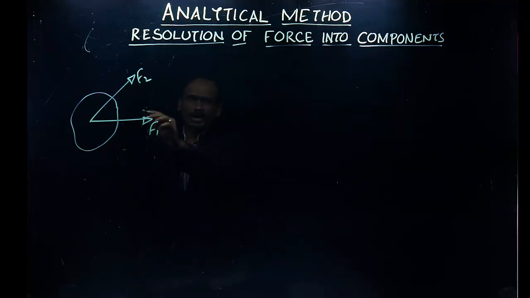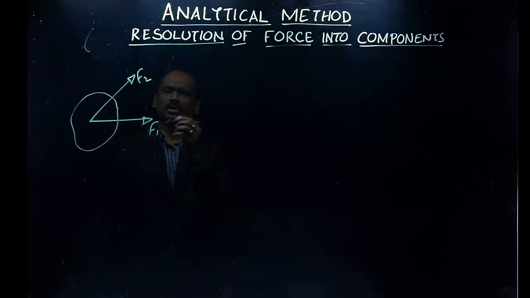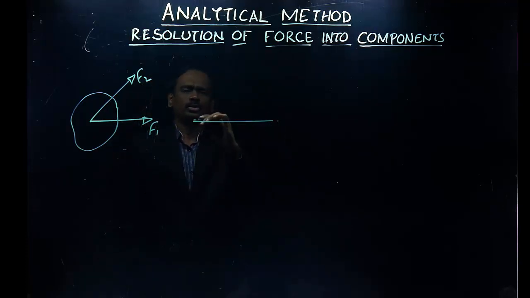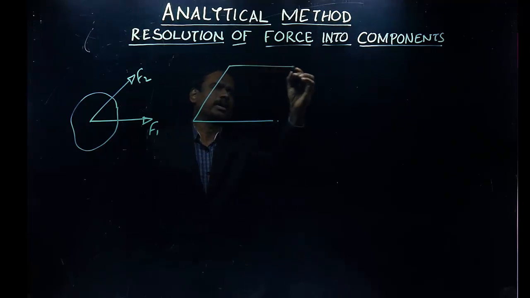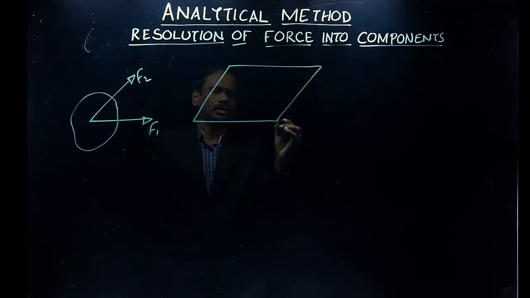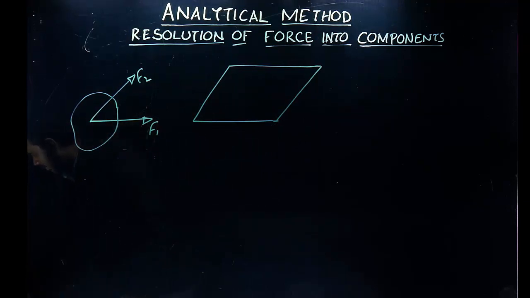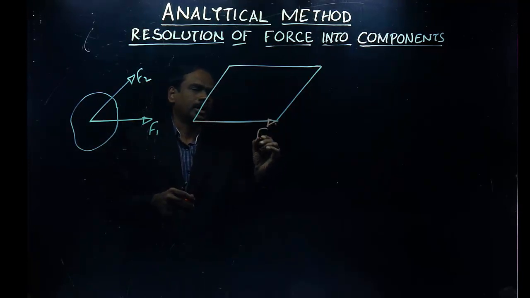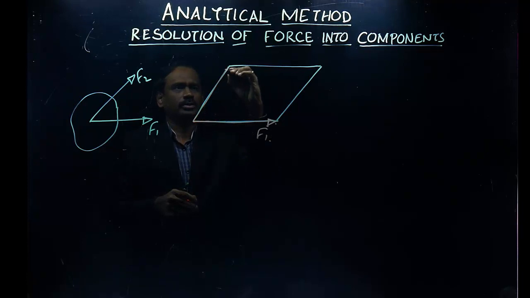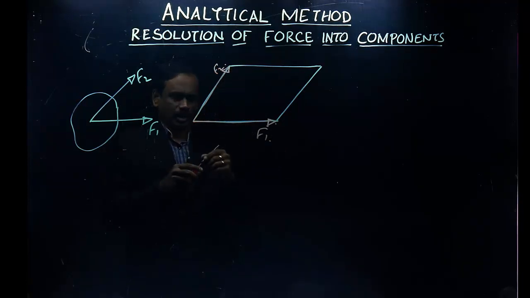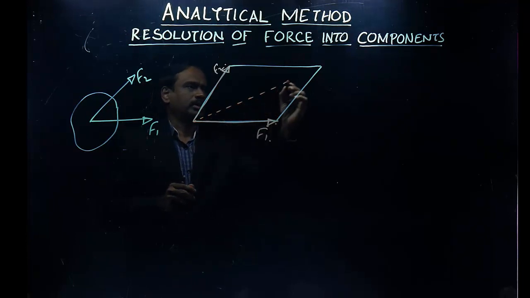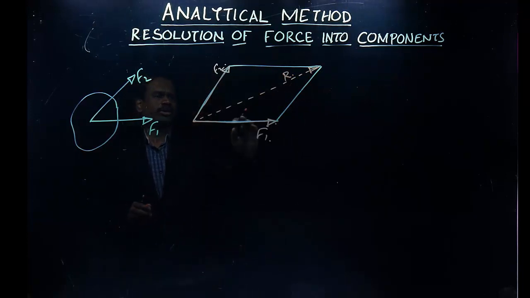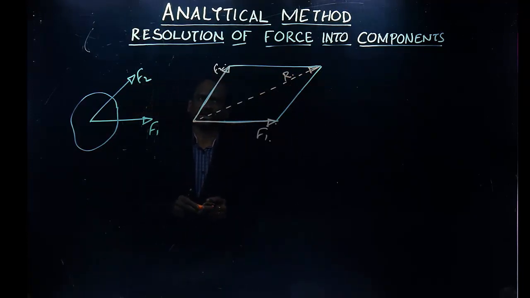Now in the parallelogram law we studied that if two forces can be represented by the two sides of a parallelogram, this is one force, say F1, and this is another force, F2, the diagonal of this parallelogram will give us the resultant force in magnitude and in direction.